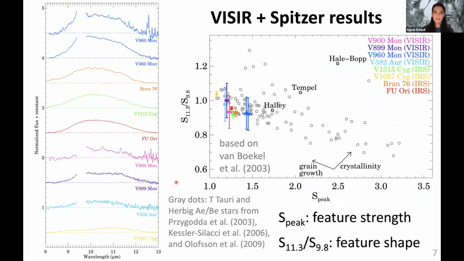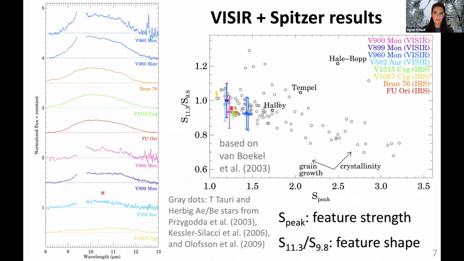To quantify this a bit more, we complemented our VISIR sample with the FUors that had been observed earlier with the Spitzer IRS, and we normalized the spectra with the continuum flux. So these are the continuum normalized spectra ordered according to the feature strength, with the strongest feature at the top and the weakest feature at the bottom.